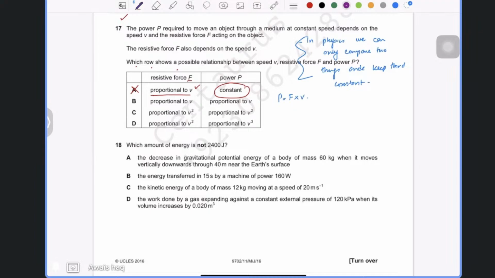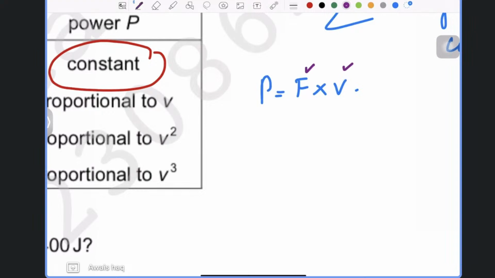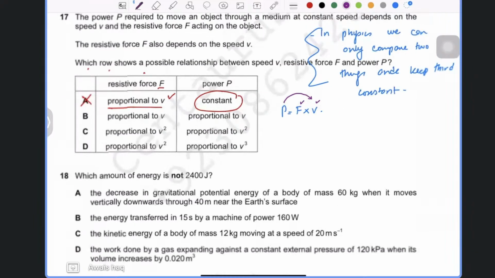Now in this equation, the issue is that force and velocity both change, and because they both change, we cannot compare power with velocity. So we have to replace this somehow. Is it clear? Now it says force is also somehow related to velocity. I don't know how, but it is related. It could be square, cube, power 4, 5, whatever. Now if I put this back into this equation, what do I get? Power will be equal to kv squared. Do you agree? Now we can relate them.